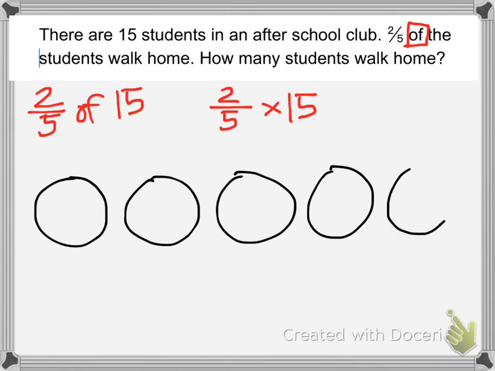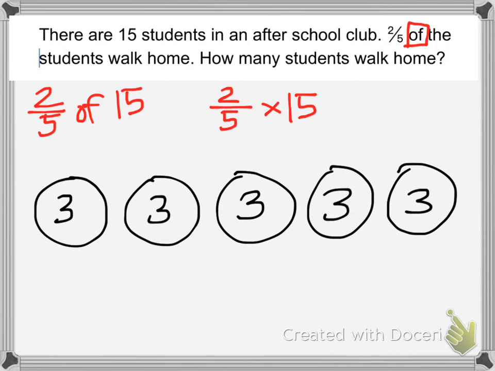If I have to split 15 into 5 groups, I automatically know there would be 3 kids in each of those 5 groups. But my question wants to know what 2/5 of those 5 groups are. So I need to consider 2 of these 5 groups. Well, 2 of these 5 groups is going to be 6 students.